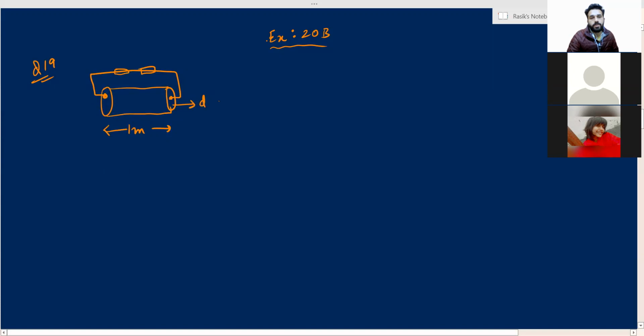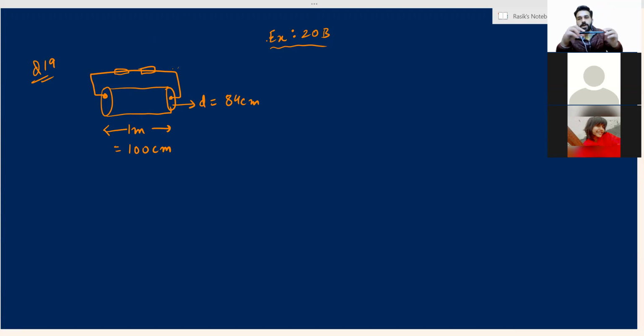Length is 1 meter, which can be converted to 100 centimeters. Now we have to find out what will be the area of the road if it takes 750 complete revolutions to cover the whole road with this road roller.